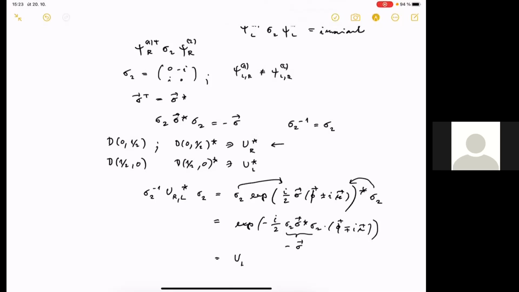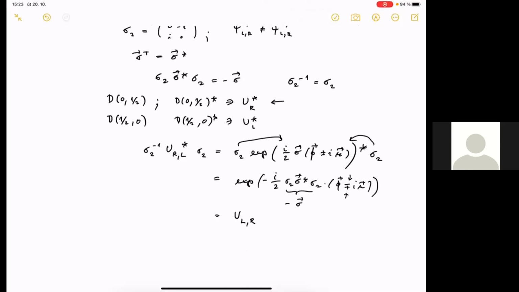So we see that this is in fact either a left-handed representation of the Lorentz group if we take the upper sign here, or a right-handed one if we take the lower sign here. So we see that there exists a similarity transformation between the complex conjugated right- or left-handed matrices and the left- and right-handed matrices.